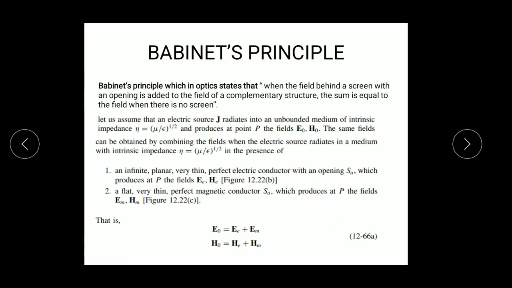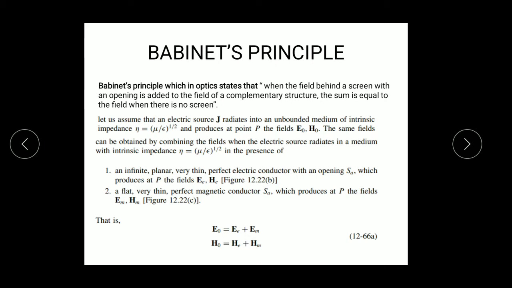Combining both fields, one for the perfect electric conductor and one for the perfect magnetic conductor, by addition the equivalent represents E naught, the field due to the unbounded region.